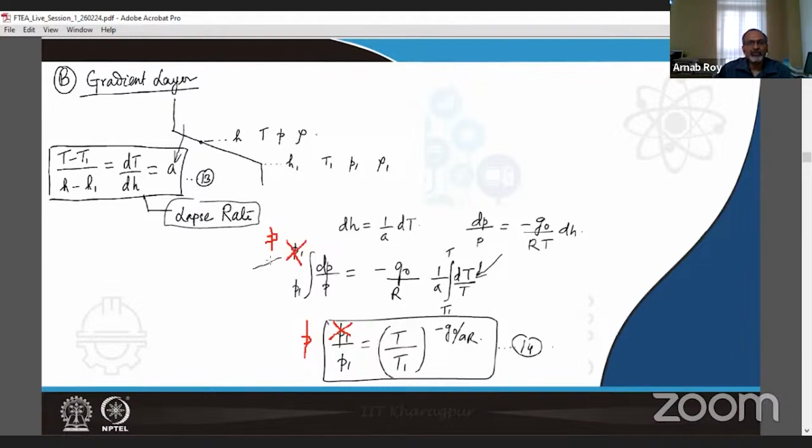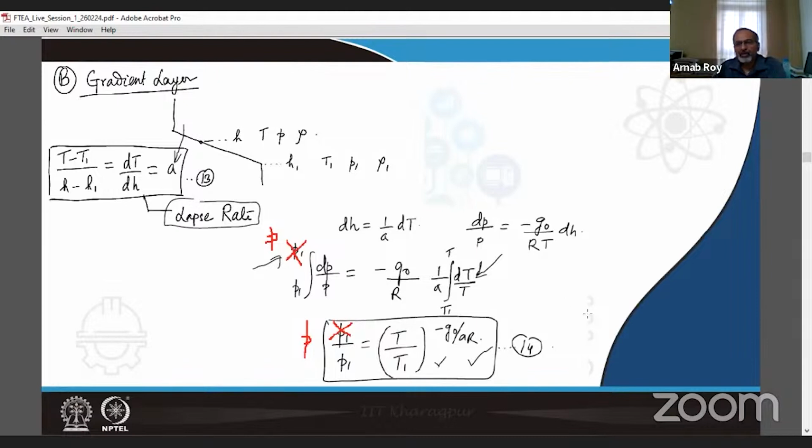There was a little bit of a slip in indicating the limits of integration. So please take note of this mistake, which I have tried rectifying here. And thereby you end up getting an expression for pressure ratio in terms of the temperature ratio.